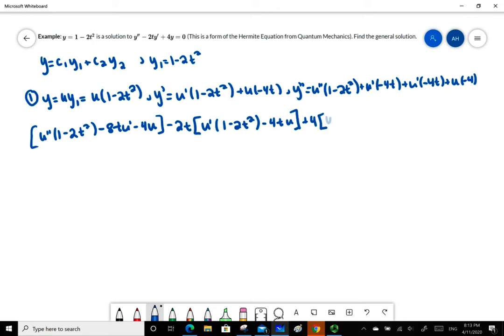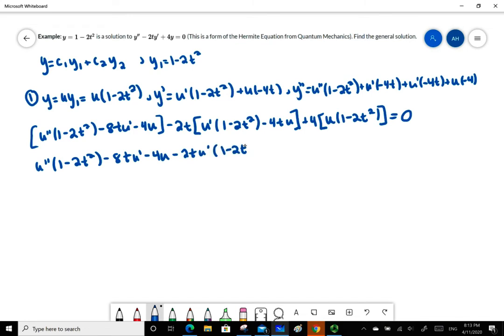plus 4 times u times 1 minus 2t squared all equals 0, which I'll rewrite as u double prime times 1 minus 2t squared minus 8t u prime minus 4u minus 2t u prime times 1 minus 2t squared plus 8t squared u plus 4u minus 8t squared u equals 0.